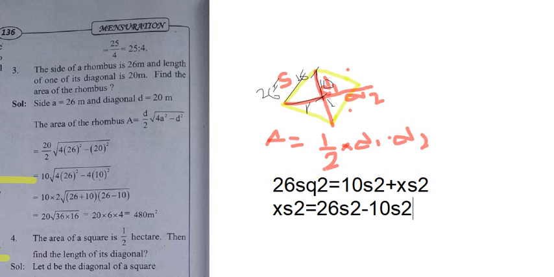Now tell me, 676 minus 10 square, which is 100, is how much? It is 576, right?